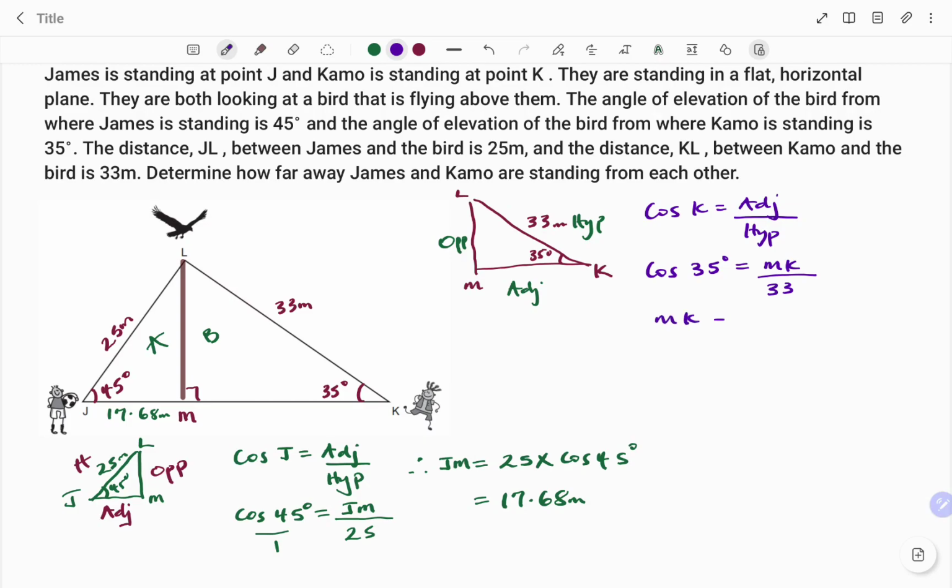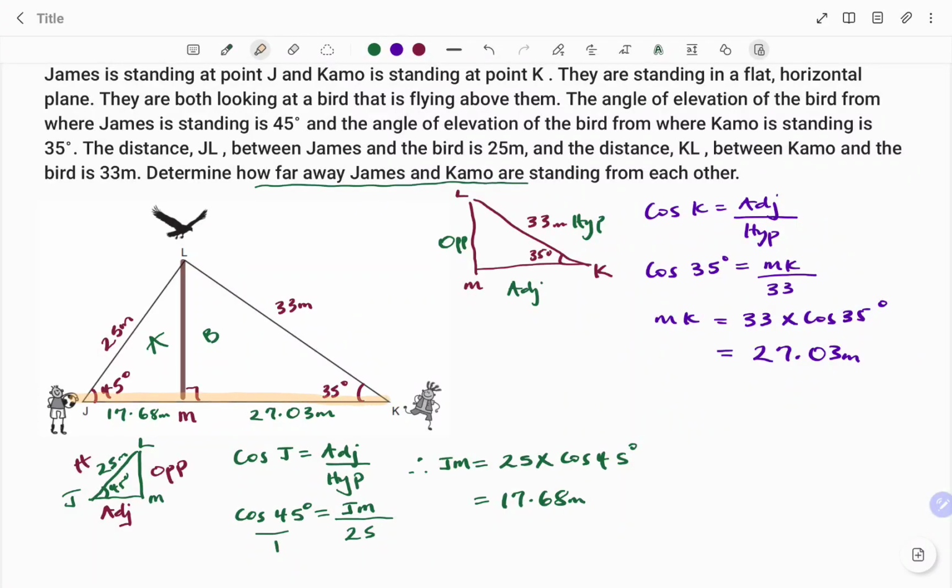So therefore MK, cross multiply, equals 33 times cos 35 degrees, and MK will be 27.03 meters. So in the diagram I have that is 27.03 meters.